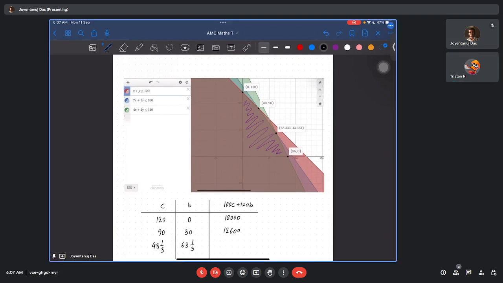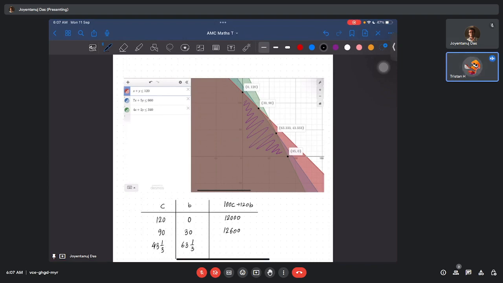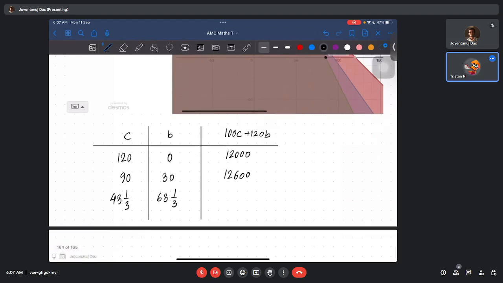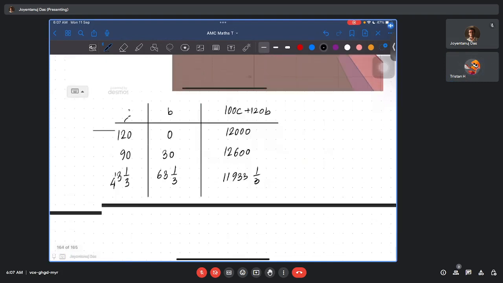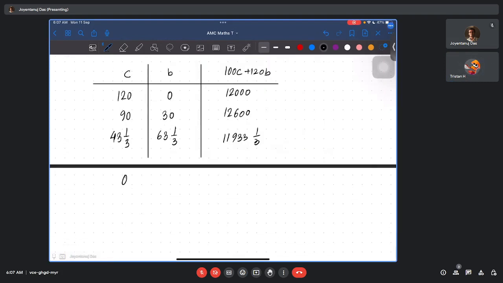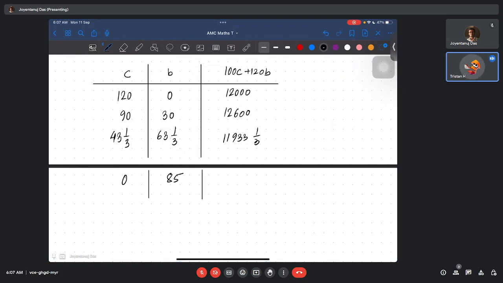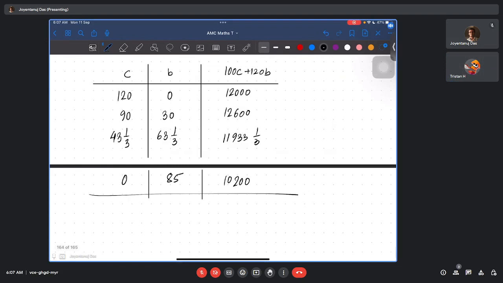How much is that? I got 11,933 and one third. Yes. The last one is 85, 0. I got 10,200. So from the table, what I get is this one is the maximum, right?